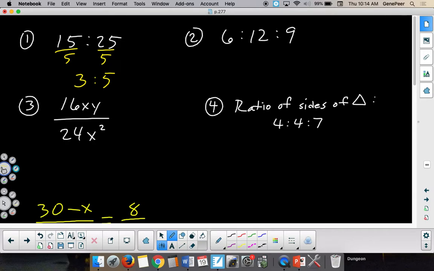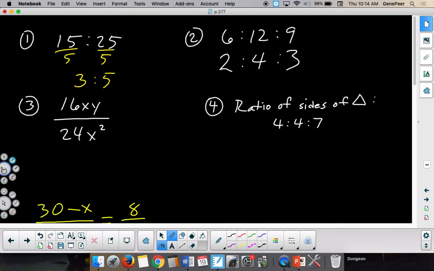days before you guys decided to stop coming into school, you divide all 3 by something, or you divide by nothing. I can divide 6, 12, and 9. I can divide them all by 3. So I do divide them all by 3. Divide by 3, divide by 3, divide by 3.